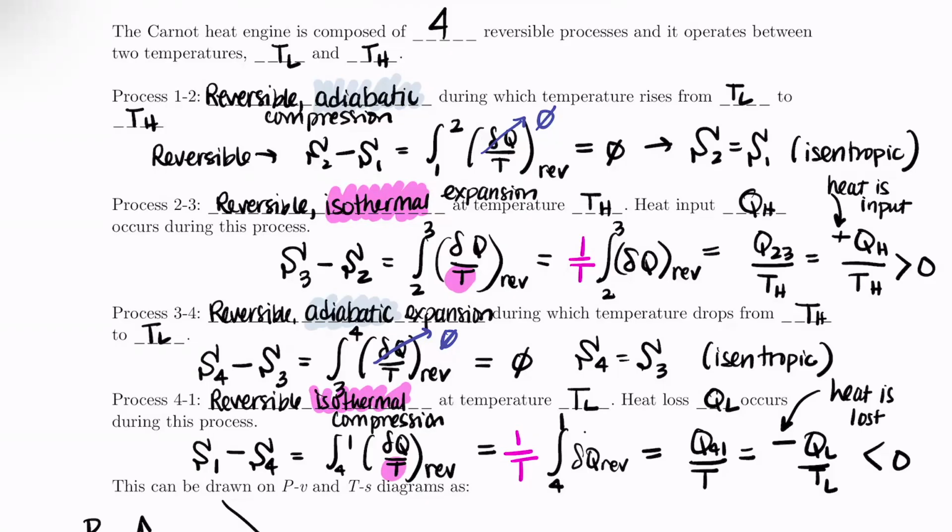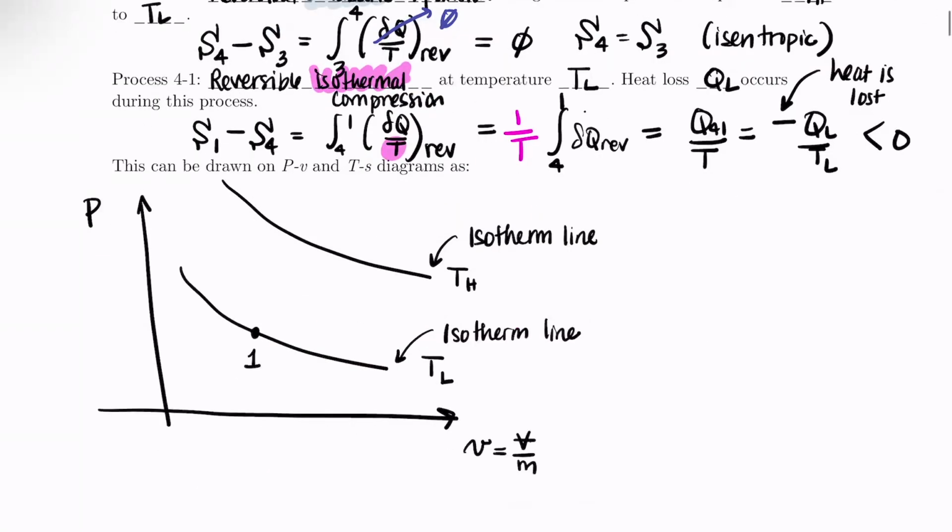So we're compressing our working fluid, which means our specific volume will go down. And we're also going from our lower temperature to our higher temperature. So we jump up to this temperature when we go to state 2, and our specific volume will decrease. That makes sense?